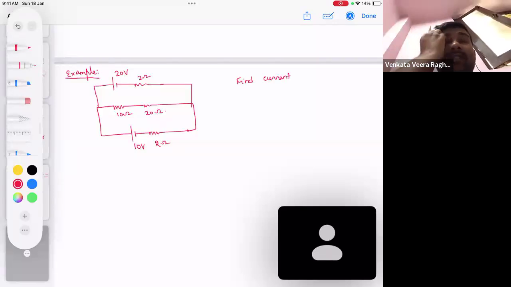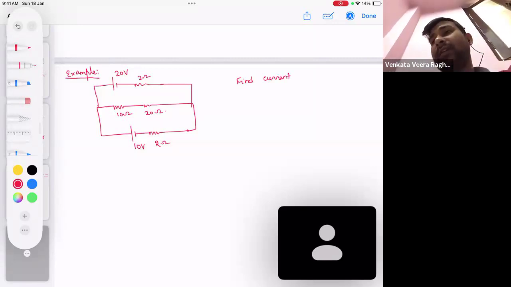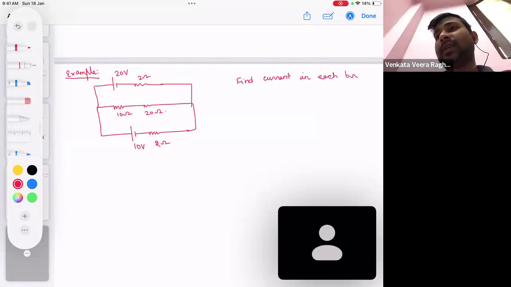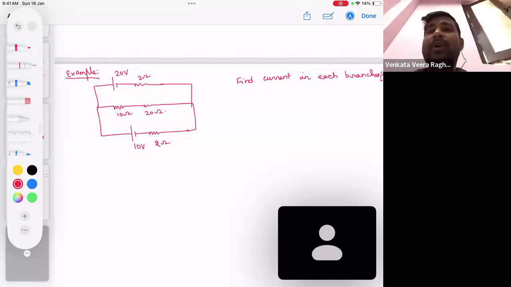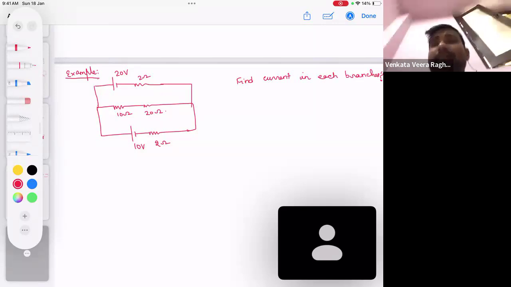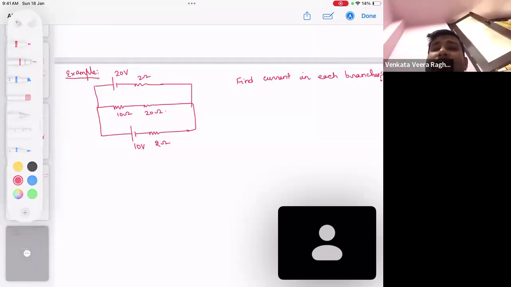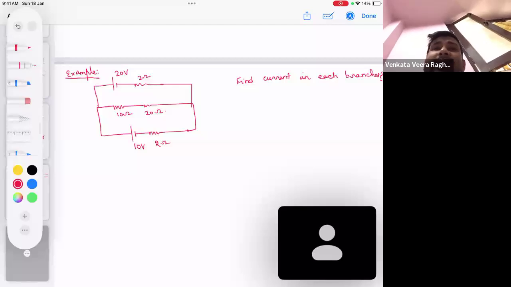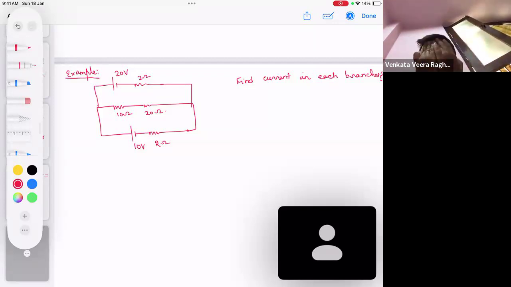I can ask you only the first battery, you tell me, the second battery, you tell me. But let's find the current in each branch so that you will be able to understand how we apply the loop law or how we apply the series and parallel method. Please tell me what current comes in each branch. Solve it using the series and parallel method of cells and resistances.